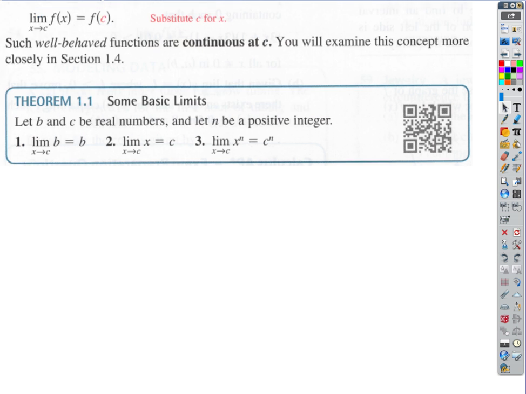So what about this first one? The limit of b as x approaches c is b. Somebody raise your hand and justify for me why that's the case. Okay, give me one justification. Because we're basically drawing just a straight line across. Okay, so you can think of it graphically. Yeah, that's a good way to do it. b is just some y value, right?